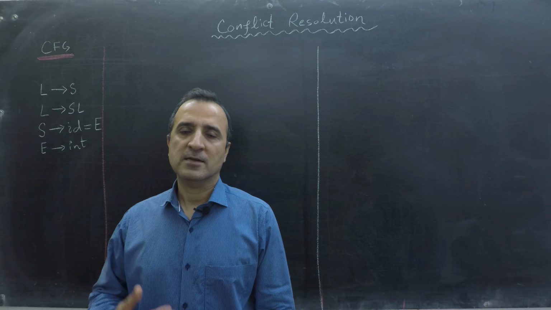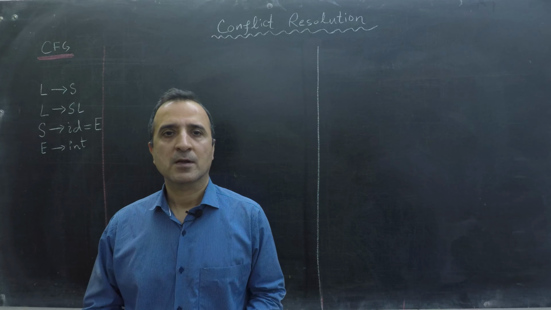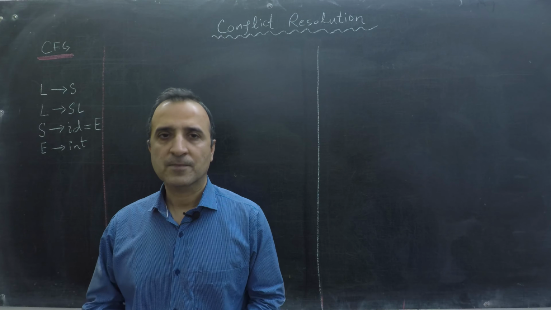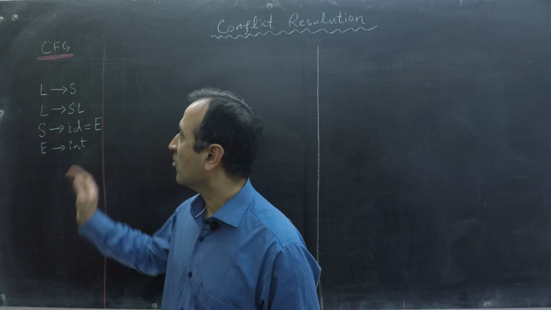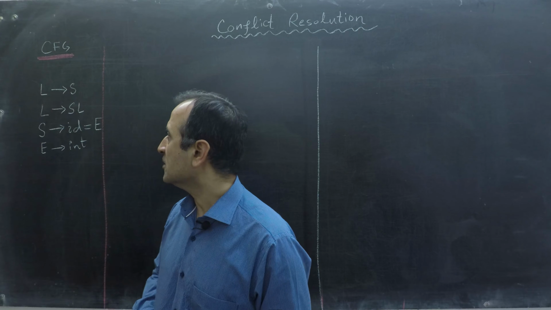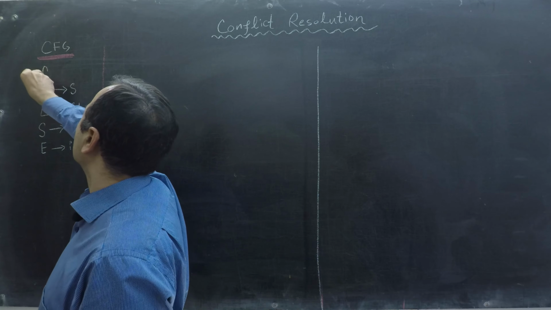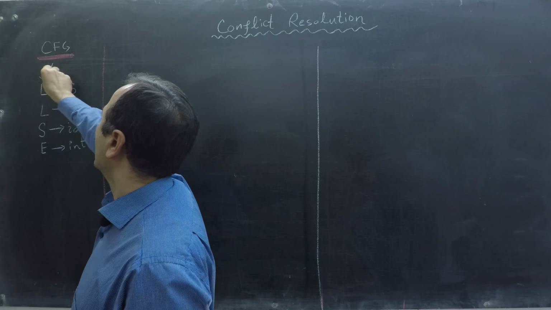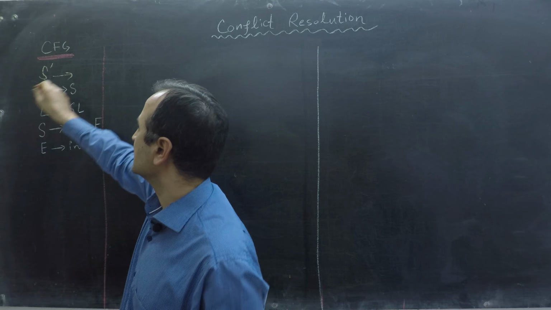To make the parsing table of LR0 or SLR, the steps are similar. First, I have to augment that grammar by introducing a new start symbol. Let's call that start symbol S bar, and that new start symbol goes to the previous start symbol, which is L.